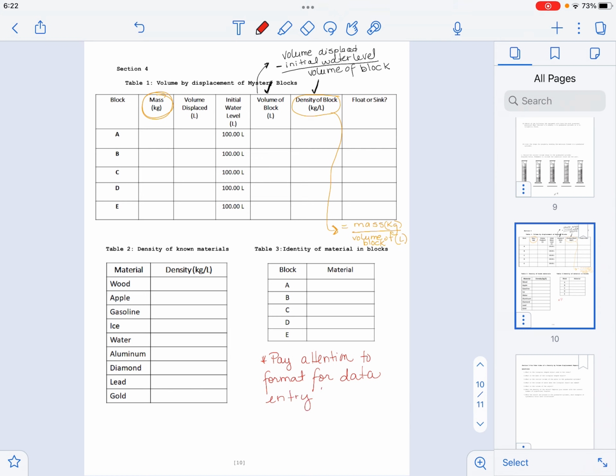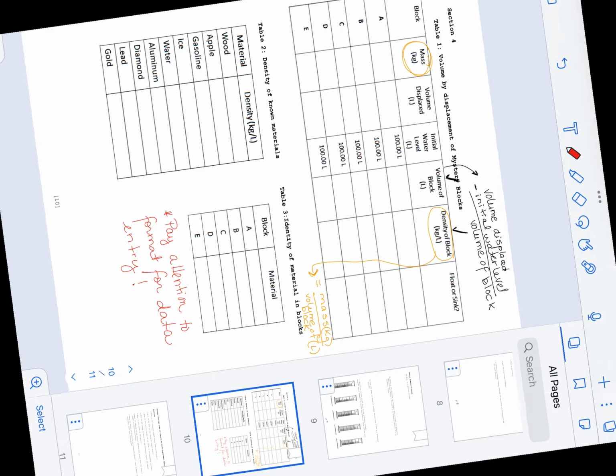Because in this lab, specifically when you're entering this data into your lab Canvas quiz, there's a particular format that needs to be entered. If not, you're going to get some of these incorrect. So please make sure that you read the instructions and the format given so you can enter your data the correct way.